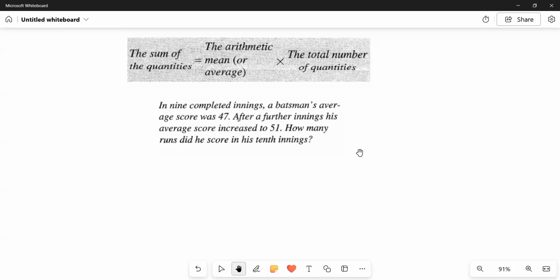Right, so good. So here, they tell you that, okay, his average was 47, right? In nine matches. So the sum of quantities, the total runs in 9 innings would be equal to 47 by 9.